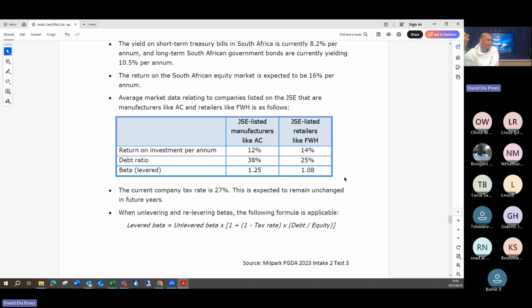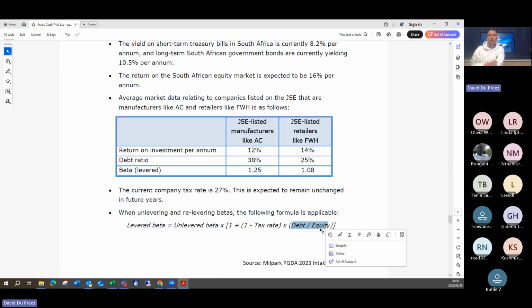Does that make sense? So what you're going to do here is substitute, and put this 1.08 as my levered beta. And then you're going to put in the tax rate, and the debt equity ratio. You're asking a question here, but isn't that the point of beta?